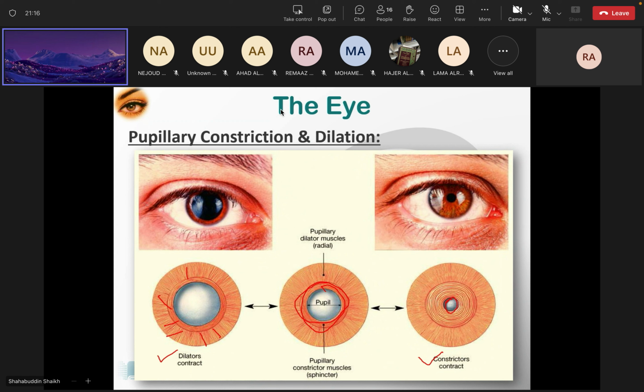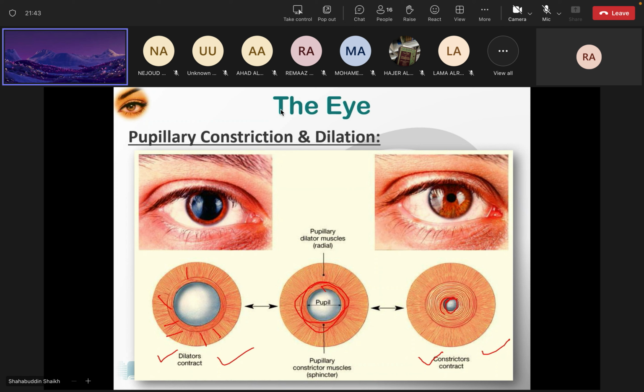So inside the iris of the eye, there are two types of smooth muscle. Some are dilators and some are constrictors. That will change the size of the pupil. This is required to allow a certain amount of light in different conditions. When you are in a very bright light area, you want less light to go in, otherwise everything will not be very clear.